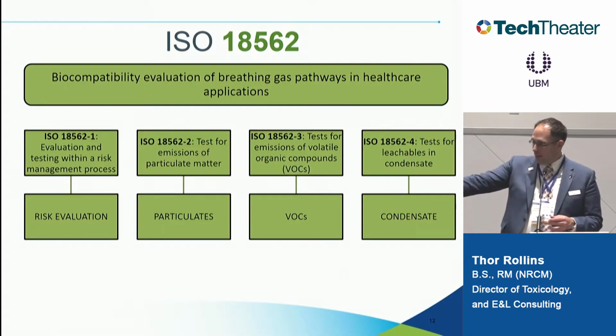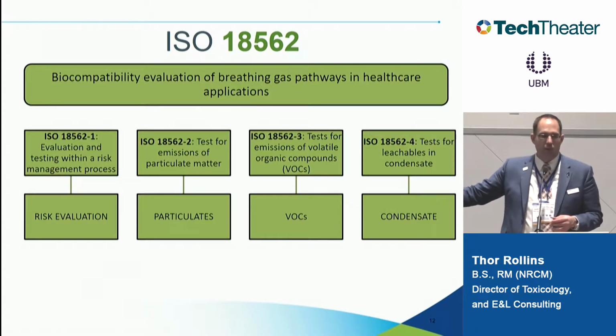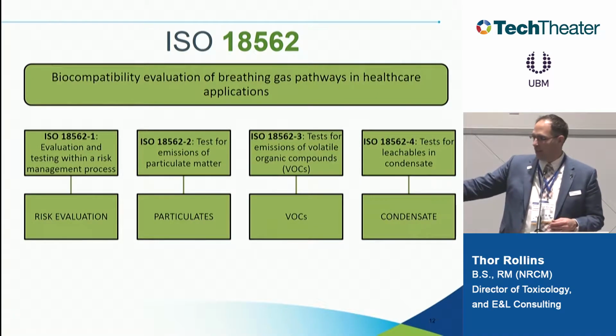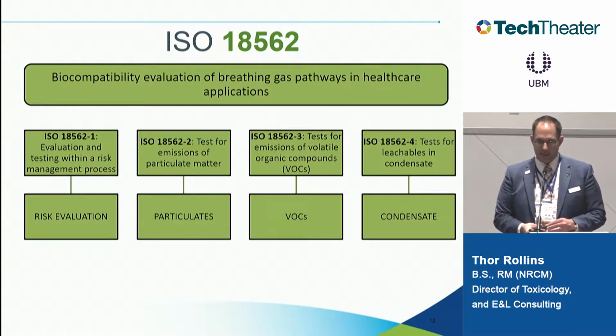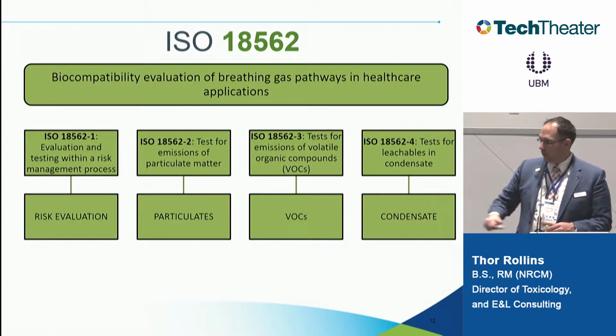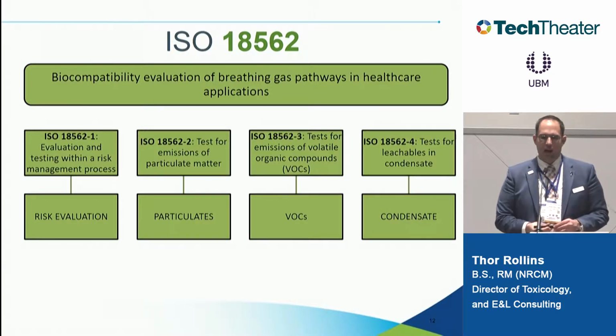Then, depending on the risk, remember, these sections 2, 3, and 4 are all dependent on your initial risk assessment. So we don't necessarily have to run each one of these sections, only if your initial risk assessment indicates that these are risks. Section 3 has to do with volatile organic compounds.